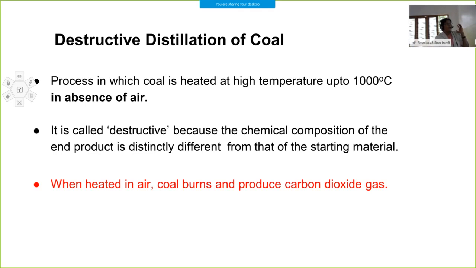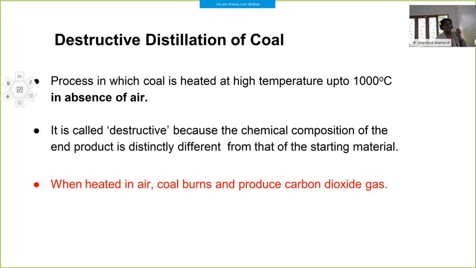Once again, it is a process in which coal is heated at very high temperature, up to 1000 degrees Celsius, in the absence of air. Please note, it is in the absence of air.